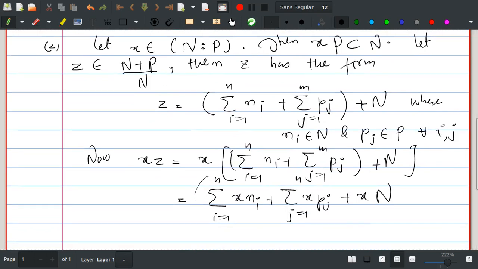Now note that n_i being an element of N, x n_i is an element of N. Hence this N absorbs this element here.